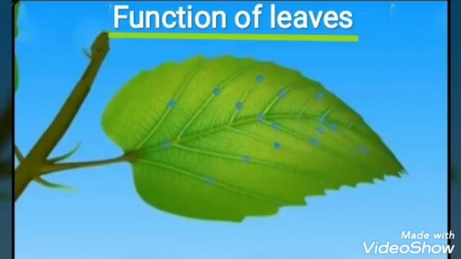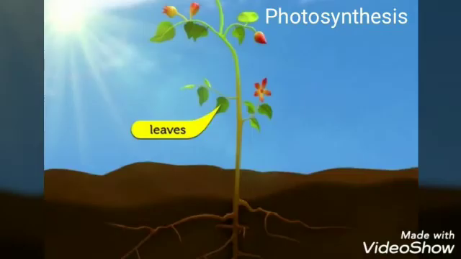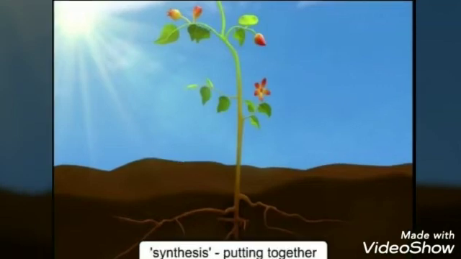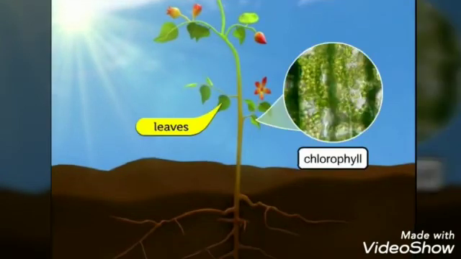Primarily, leaves have the following three functions. First is photosynthesis. Photo is derived from the Greek word phos, which means light, and synthesis means putting together. The special way in which plants make their food is called photosynthesis.